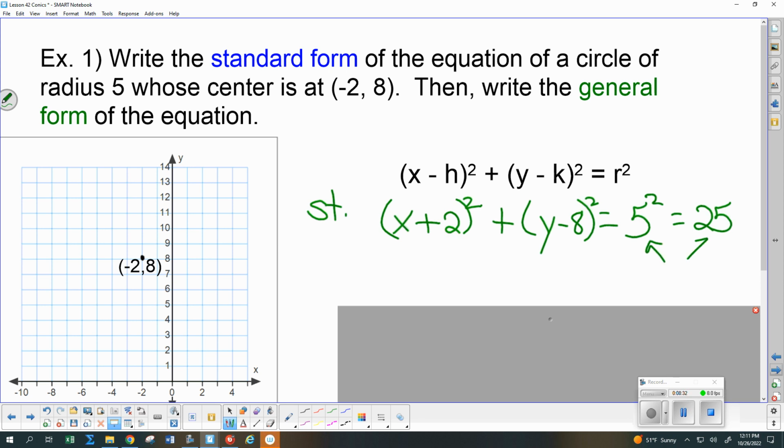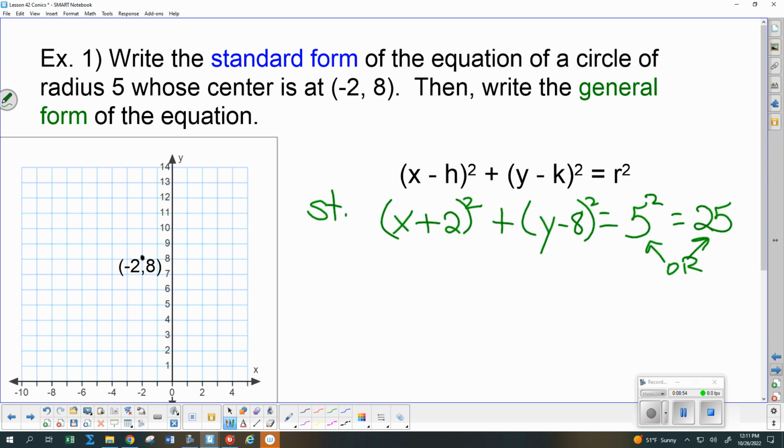and I don't care which. You can write 5 squared, you can write 25, you can write both, and I will still accept that for the standard form, but I've got to have the parentheses squares when it says standard form. Questions on that part? Okay, let's get the general form next.